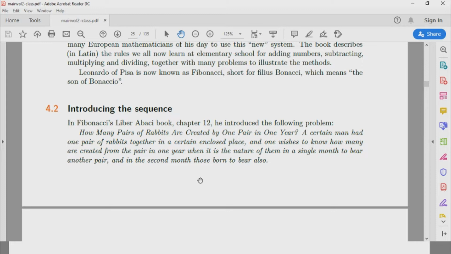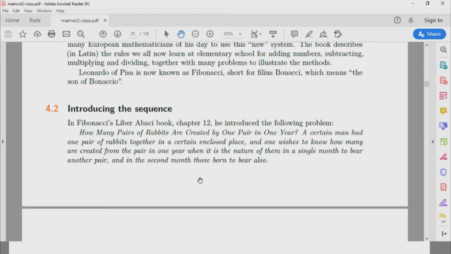Question. A certain man had one pair of rabbits together with a certain enclosed place, and one wishes to know how many are created from the pair in 1 year when it is the nature of them in a single month to bear another pair, and in the second month those born to bear also.